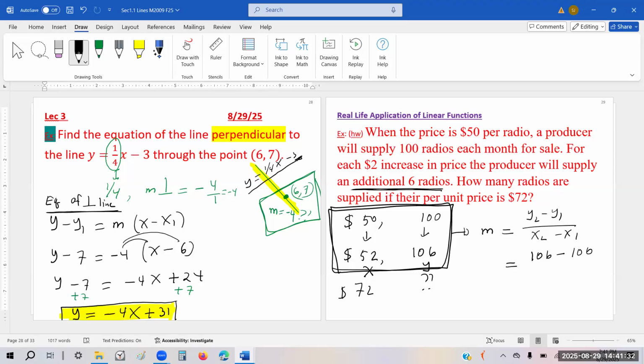Just subtract them. How about the x-axis? We have 52 and 50. So what over what? 6 over 2, which is 3. So that's how you have 3. What he mentioned, you have to multiply by 3.